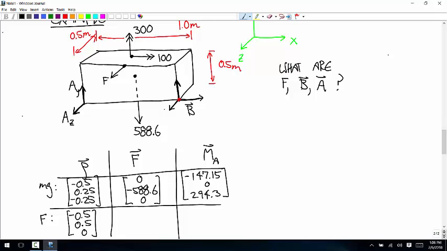And the force F is in the positive z direction, so that's just 0, 0, F. And the cross product is positive 0.5 F, positive 0.5 F, 0.